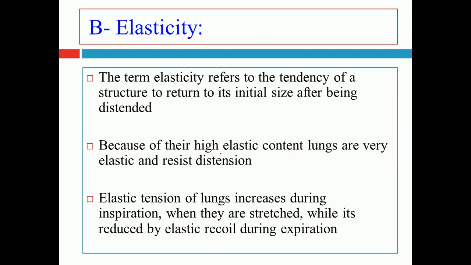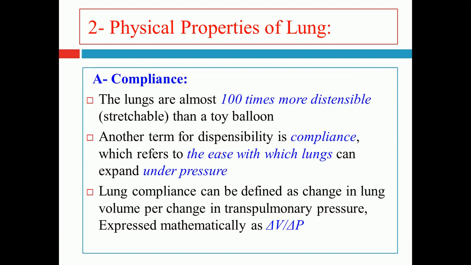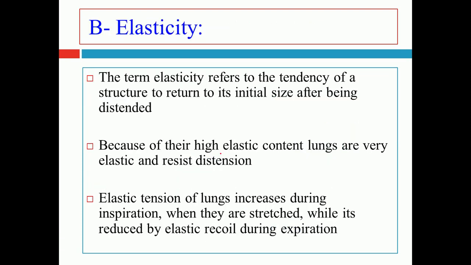The second physical aspect of the lung is elasticity. What is elasticity? It refers to the tendency of a structure to return to its initial size after being distended. In the first place, it has a compliance, which is the ability to distend under the pressure of air.